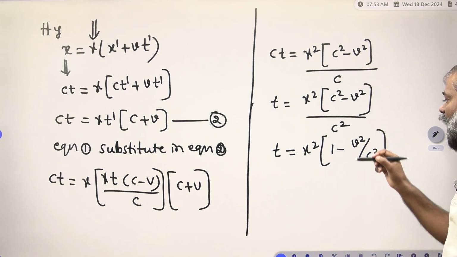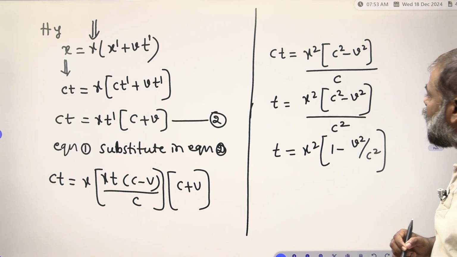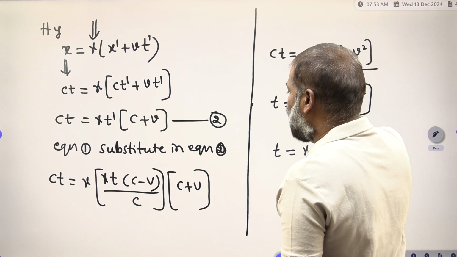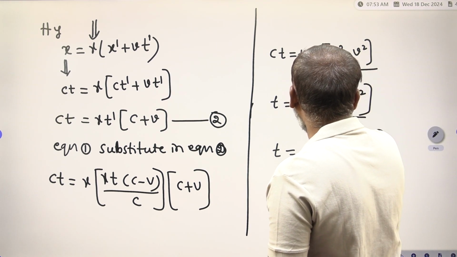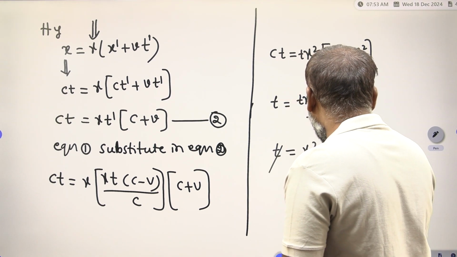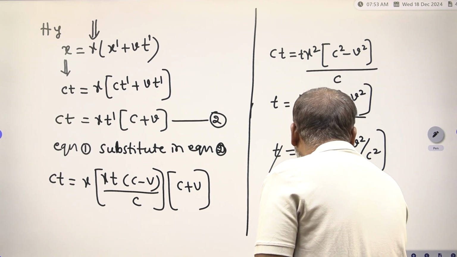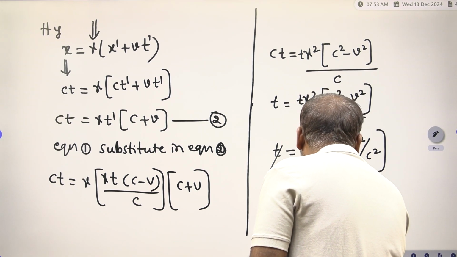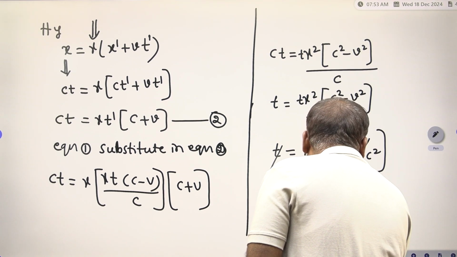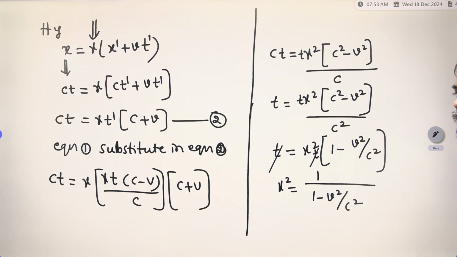So, therefore, gamma square into t, this t gets cancelled. Therefore, gamma square is equal to 1 divided by 1 minus v square by c square.